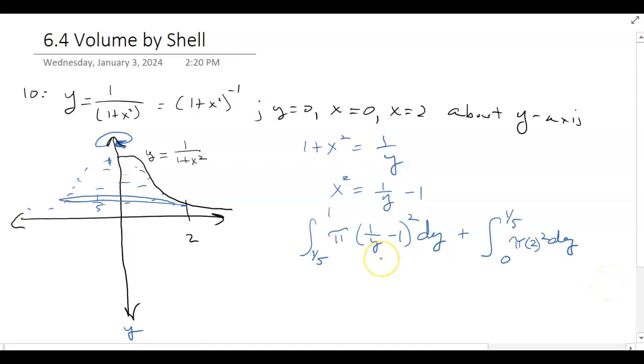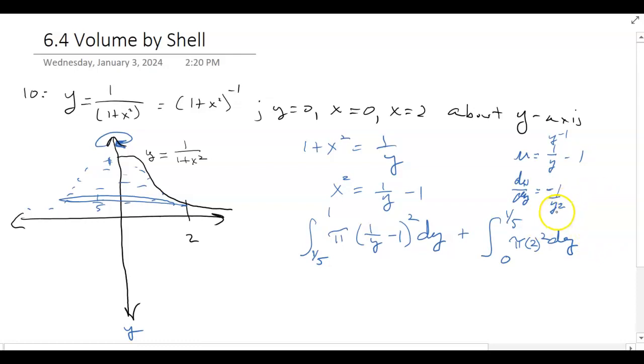Okay, so yeah, that second integral's fine. I want you to just ponder on that first integral for a second. If we try to use u sub, the derivative of u, if you recall, when you have y to the negative 1, du dy would be negative 1 over y squared.